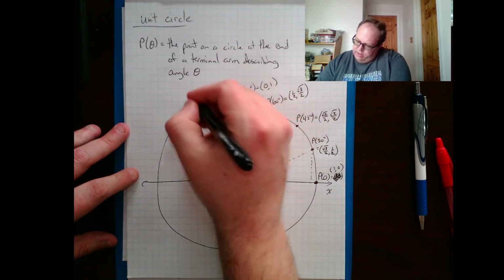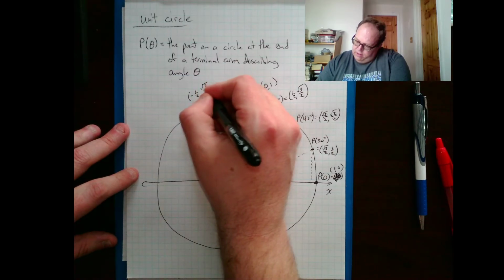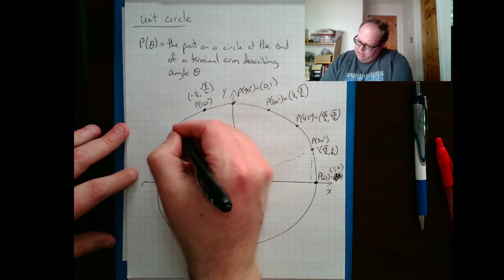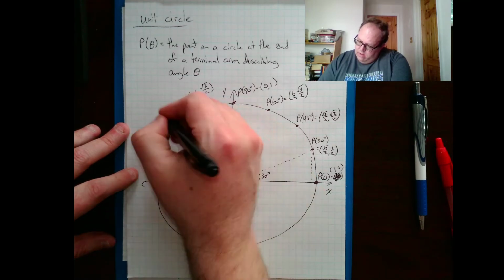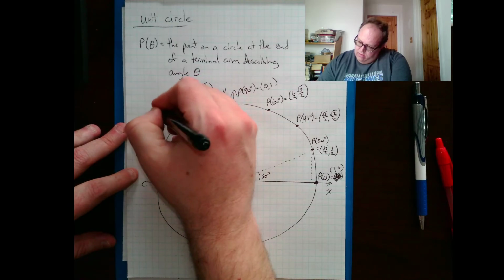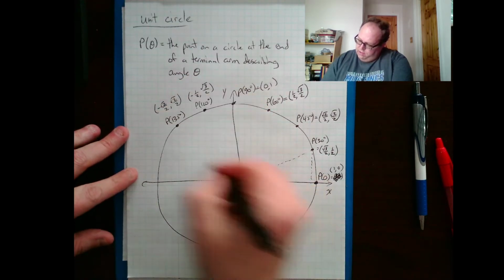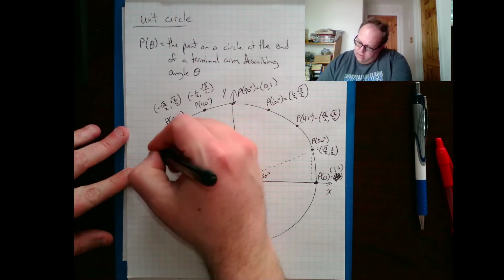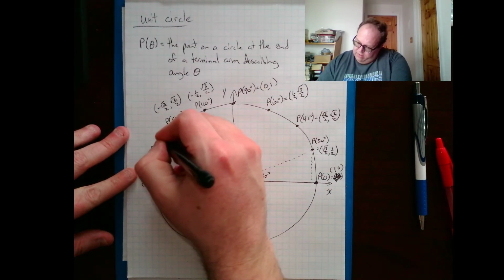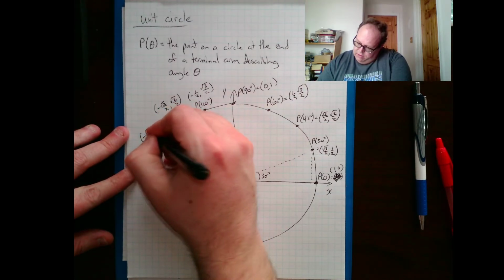P at 120 degrees would be negative 1/2 and root 3 over 2. If I keep following the triangles along, P at 135 degrees would be negative root 2 over 2 and root 2 over 2. P at 150 degrees, that point would be negative root 3 over 2 and 1/2.